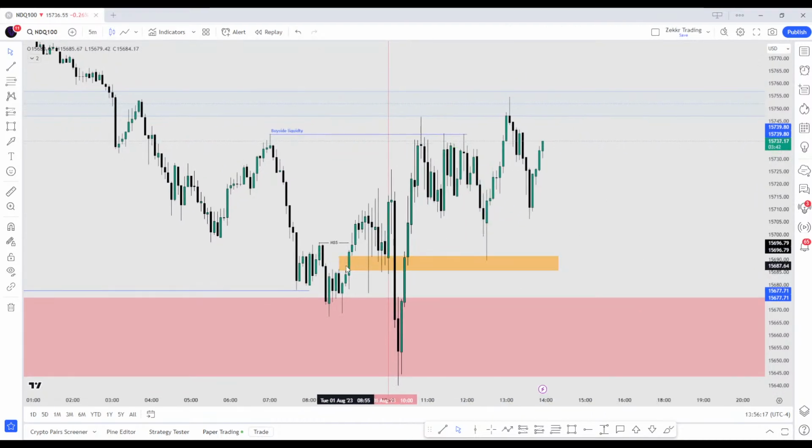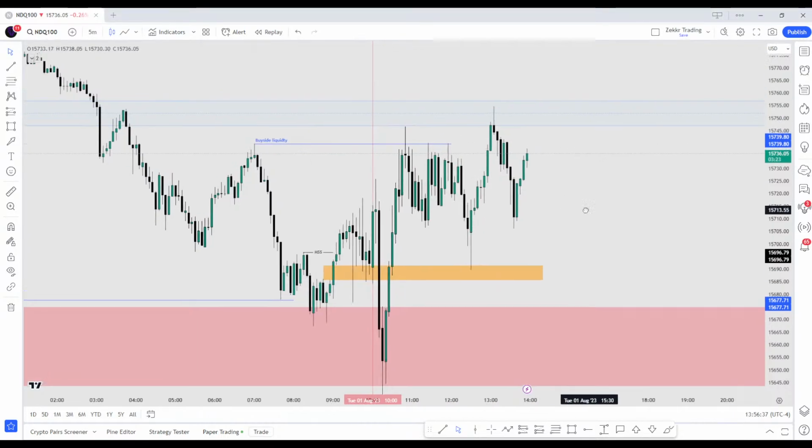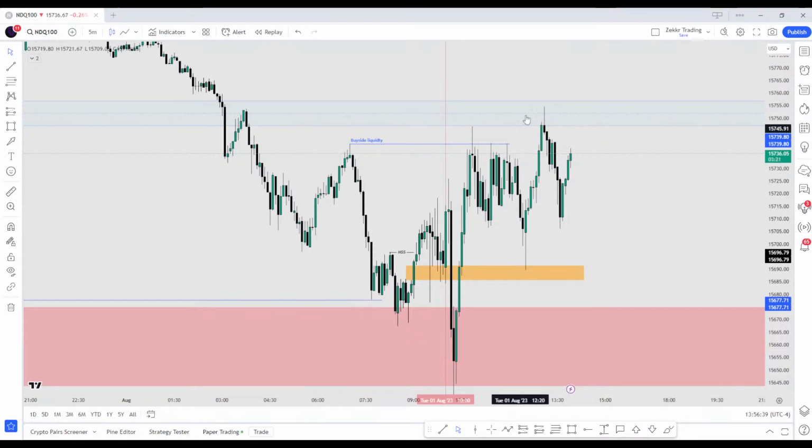Yeah, perfectly reacted off the fair value gap. Okay, so we tapped into a new week opening gap, which was pretty expected.